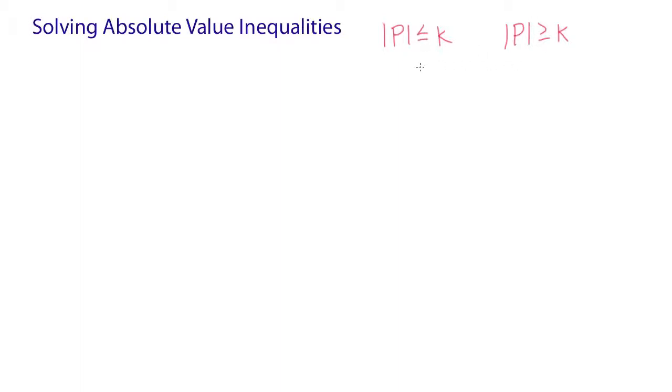One other thing to note, the inequality here is less than or equal to, but the general answer that I'm going to write down could also have the less than symbol as well. So we're going to call this type 1, and we're going to call this type 2. The general answer for type 1 is as follows.